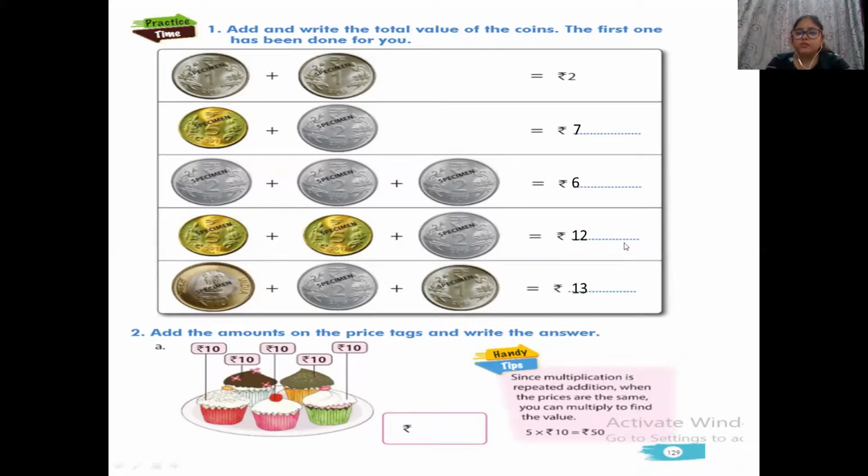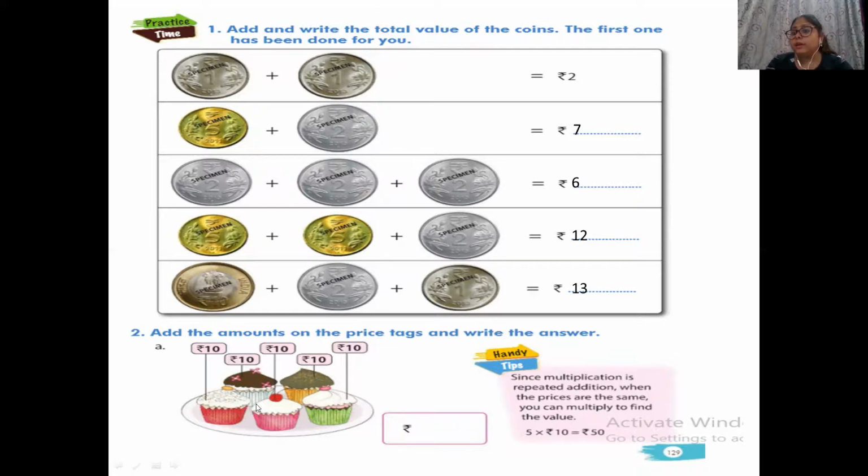Okay. So now question number 2, add the amounts on the price tag and write the answers. So see, here we have 5 cupcakes. The amount will be the same for each cupcake, and the amount of each cupcake is 10. And how many cupcakes do we have? 5. So children, how can we find out the total amount?